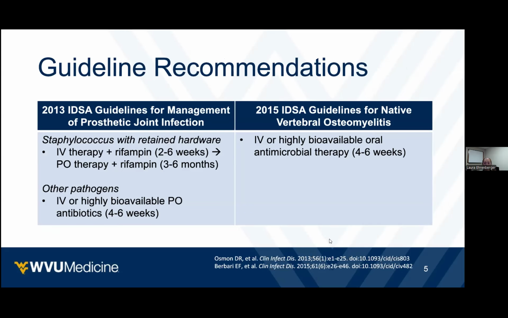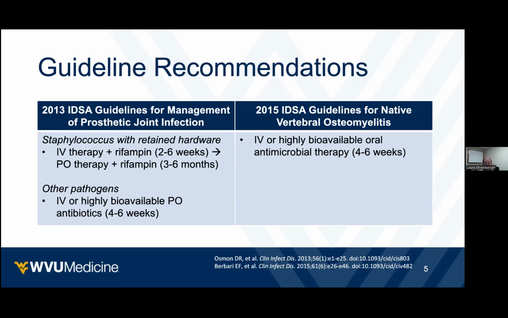So what do the guidelines recommend in terms of oral antibiotics for bone and joint infections? I have the 2013 IDSA guidelines for the management of prosthetic joint infections on the left, and it splits it into the type of microorganism. For Staphylococcus infections with retained hardware, the guidelines note starting off with IV therapy with rifampin, and then switching to oral therapy plus rifampin.